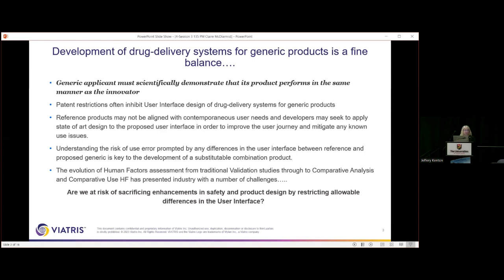How do we navigate that challenge? The understanding of the risk of use error prompted by any differences that we might identify through comparative analysis is key to the development of the proposed generic and the acceptability of those differences.